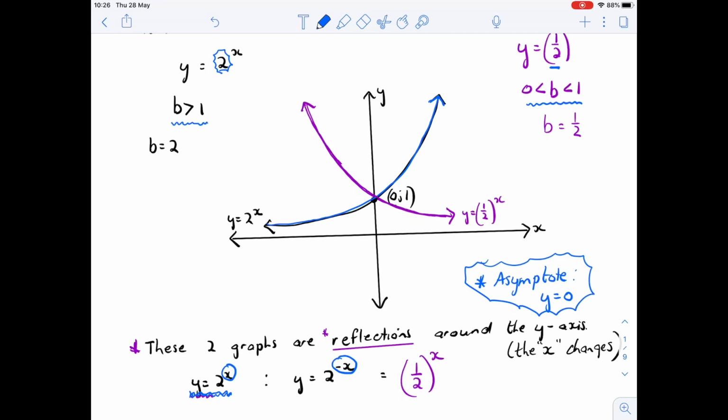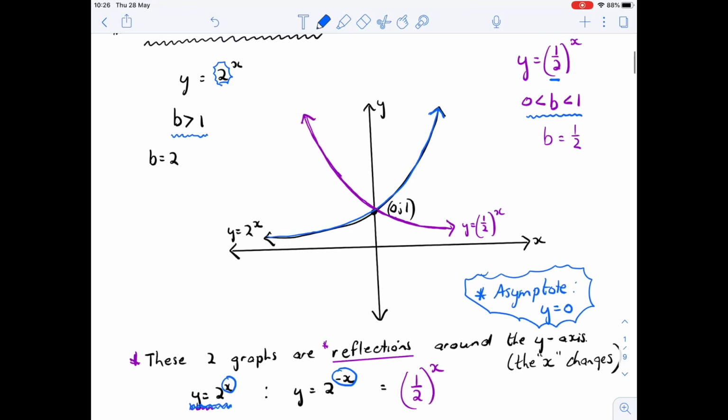And 2 to the minus x can be written, from your knowledge of exponents, as a half to the power x. Remember, we take the 2 from the top to the bottom, and then the exponent changes from a negative to a positive. So these two are reflections around the y-axis.